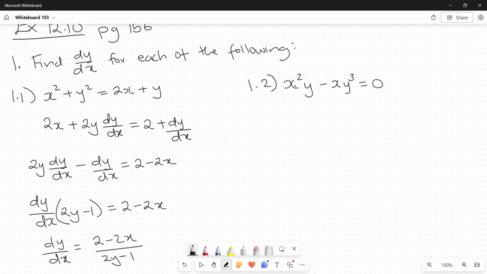Okay, so to differentiate x squared y, we have to use the product rule. Okay, so for the product rule, we say x squared the way it is, and then the derivative of y, which is dy/dx, and then the derivative of x squared, this is 2x, and then we write y the way it is, and then the same thing over here.